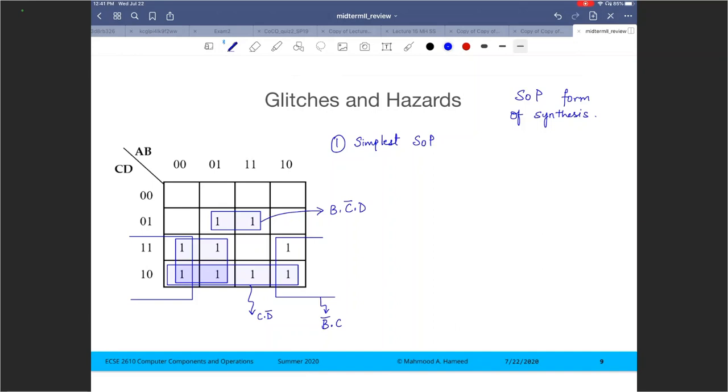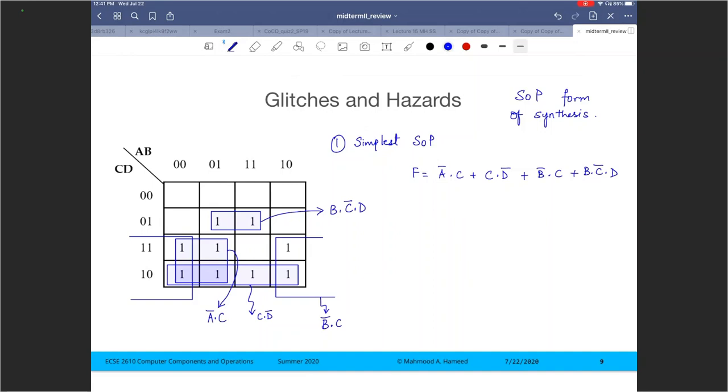Then I'm left with one more, which is that block there, which is A complement and C. So the simplest is going to be F equals A complement and C, or C and D complement, or B complement and C, or B and C complement and D. All right, so that's the simplest SOP form.